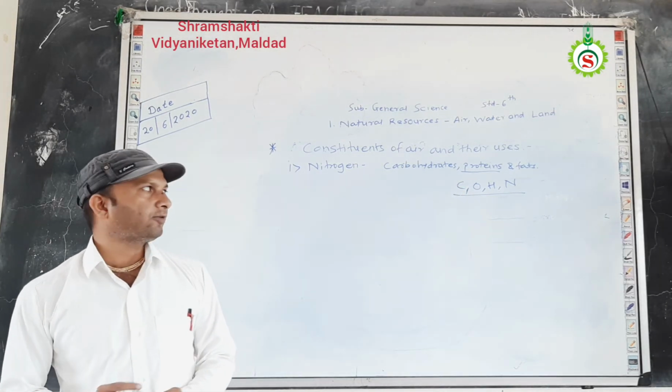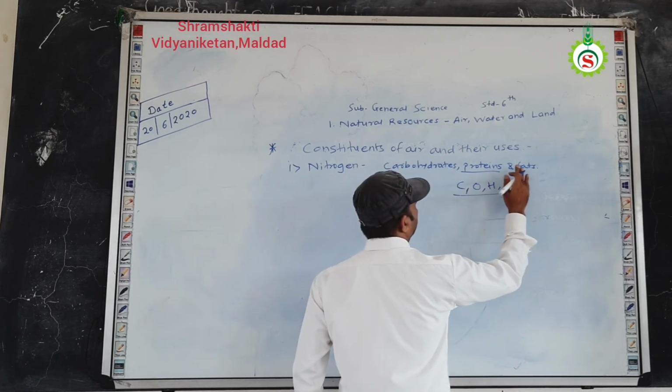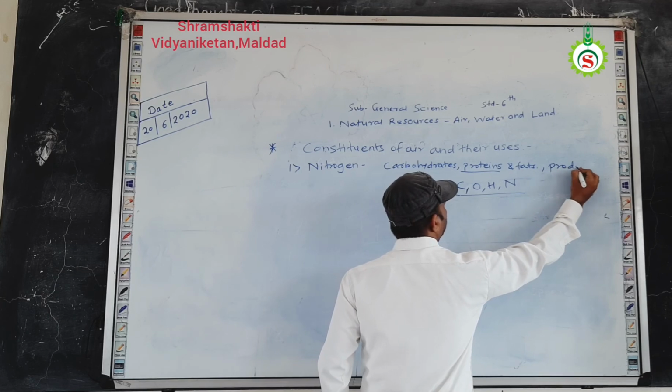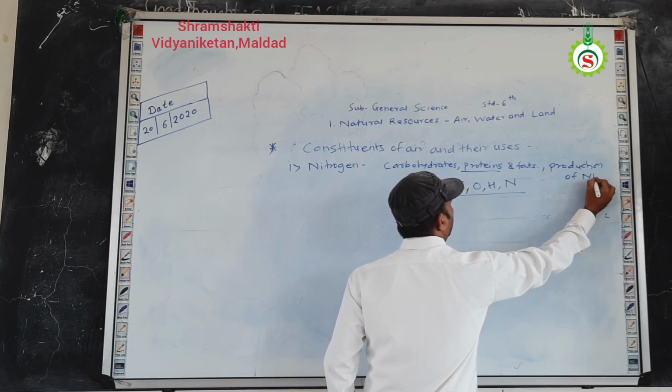The second use of nitrogen is production of ammonia.